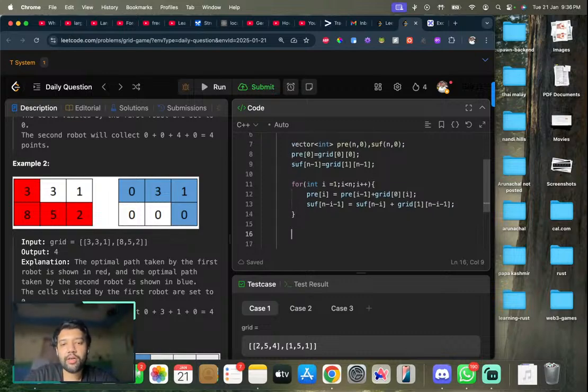Good. Once I have this prefix and suffix, I could further optimize this in later steps, but right now let's keep it this way. Once I have this, what can I do?